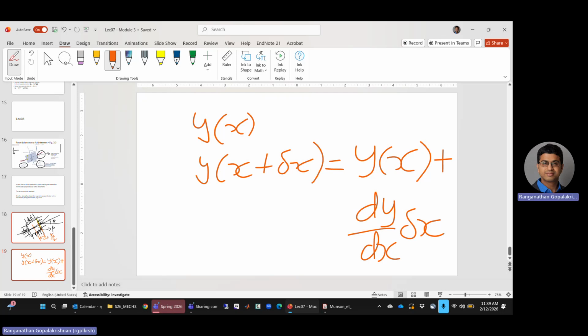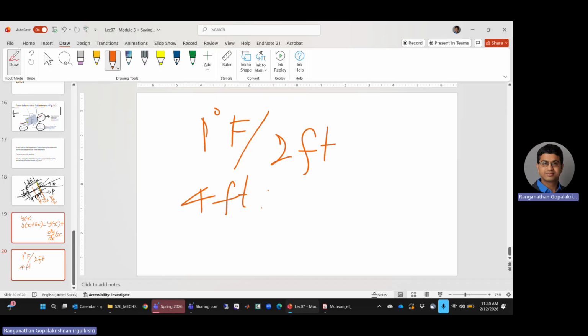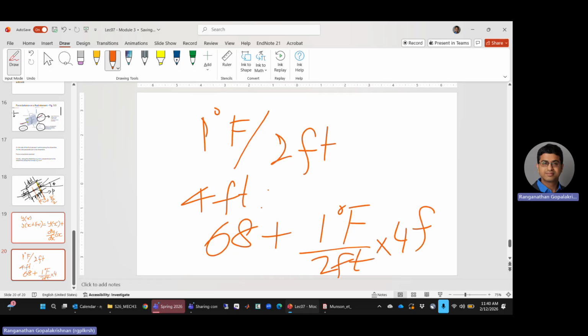Maybe if I write it in words, it will be clearer. So I'm saying it increases by 1 degree Fahrenheit for every 2 feet. So if I move by 4 feet, you would say the temperature would be 68 plus 1 degree Fahrenheit over every 2 feet multiplied by 4 feet.